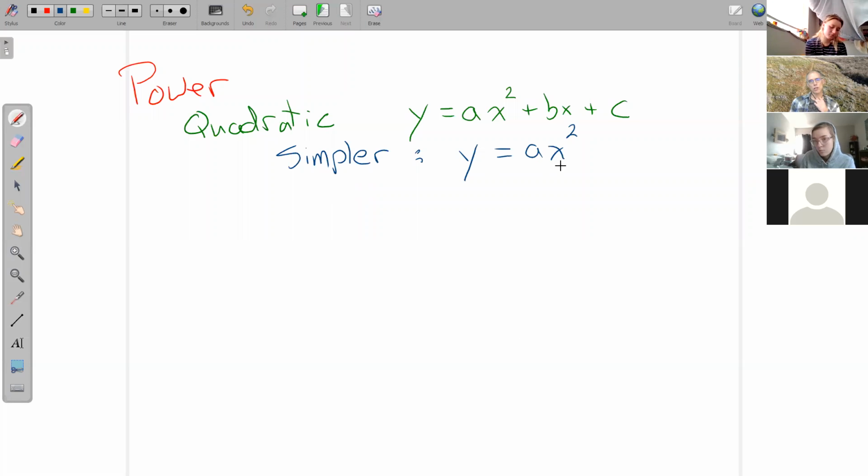One of the last versions of this we looked at was from the braking problem, the braking distance. And we had a formula that looks something like y equals x squared divided by 54.4, maybe was one of the numbers we ended up with from a couple of weeks ago.